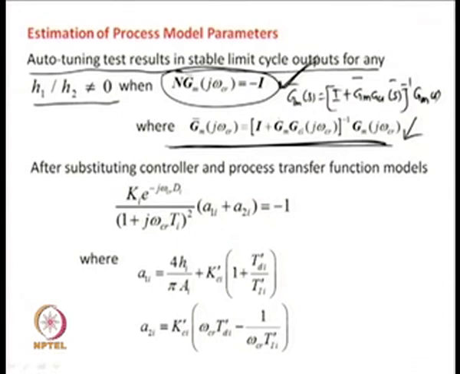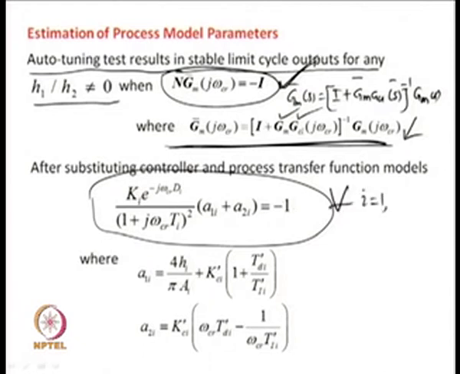Now, substituting GM and GCL in the expression results in this expression. Simply substitute for GM1, GM2, GCL1, GCL2 and get it in the general form of Ki times e to the power minus j omega CR di upon (1 plus j omega CR Ti) squared times (A1i plus A2i) equal to minus 1 for all i equal to 1 to 2.